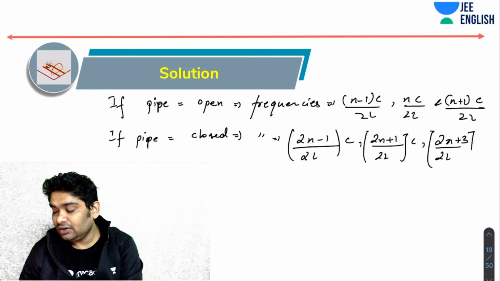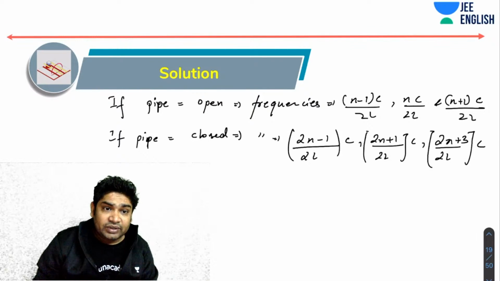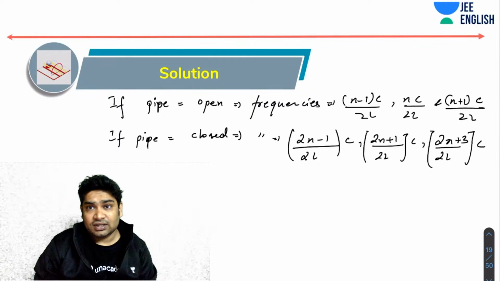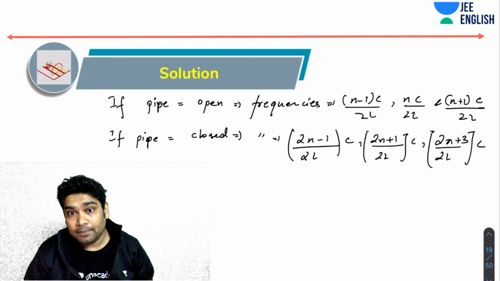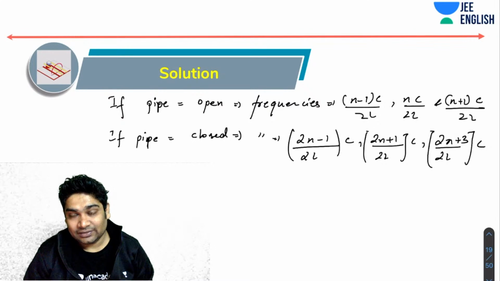Correct? These would have been the successive frequencies. Successive frequencies would have appeared like this. Agreed? Okay.